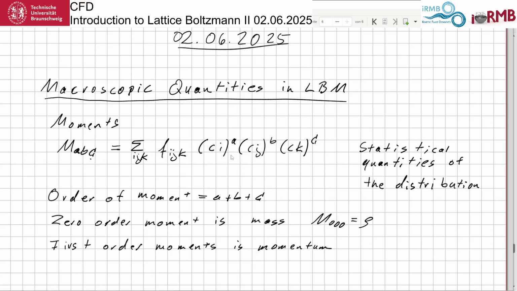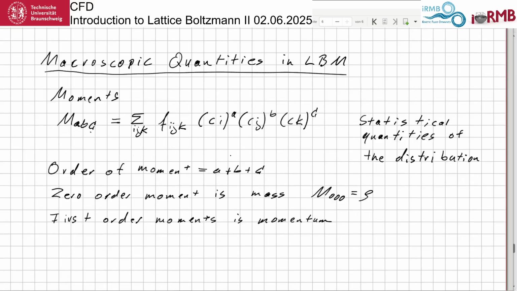So what we get out is m100 is rho times ux. ux is the solution from the Navier-Stokes equation. m010 is rho uy, the other solution of the Navier-Stokes equation. And then m001 is rho uz.